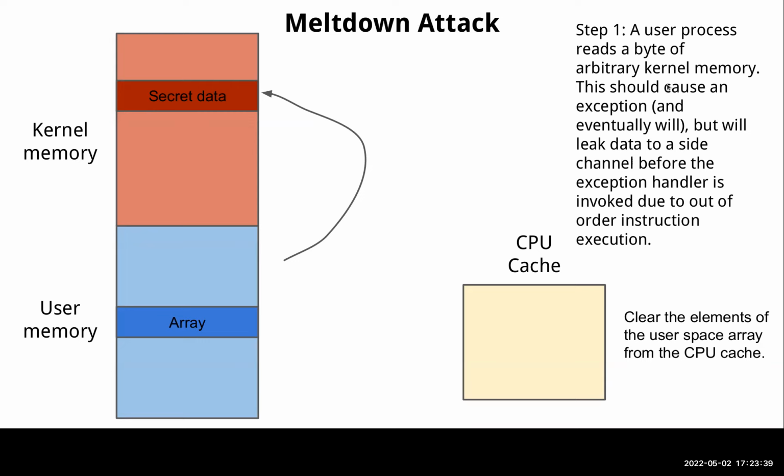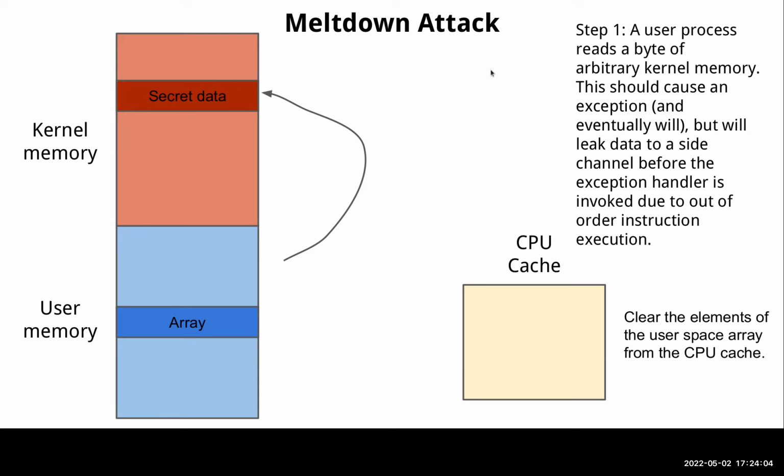What we do is, in the first step, the user process will just try to read 1 byte from that secret. What will happen? The MMU will stop you, right? So your program probably will crash. It doesn't have to crash actually.